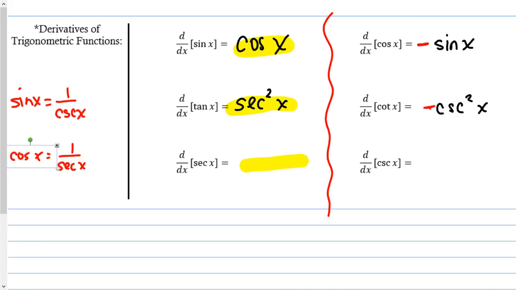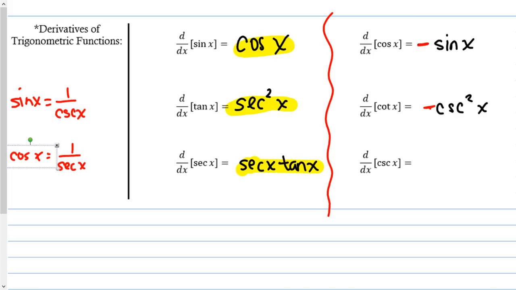Secant yields me, I need a black marker. Secant yields me secant x, tangent x.